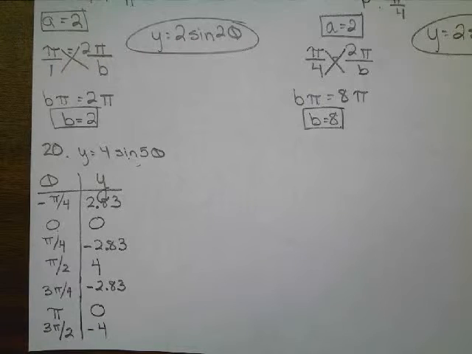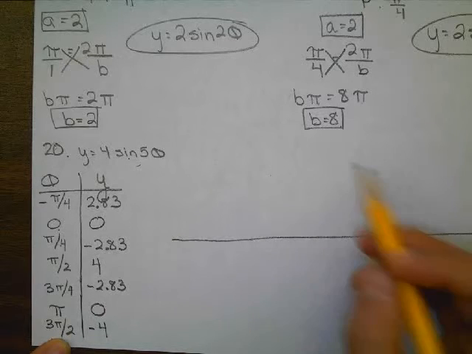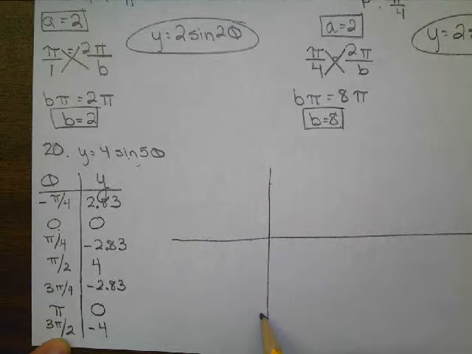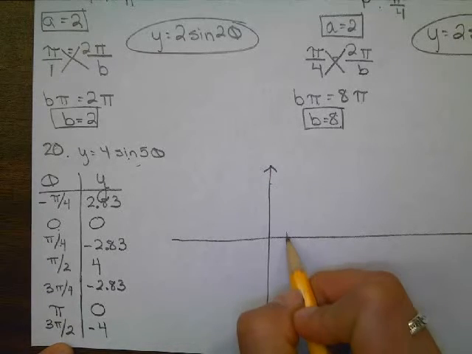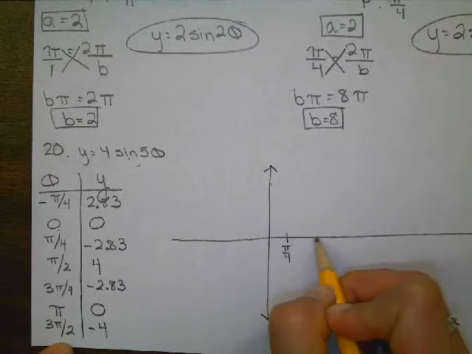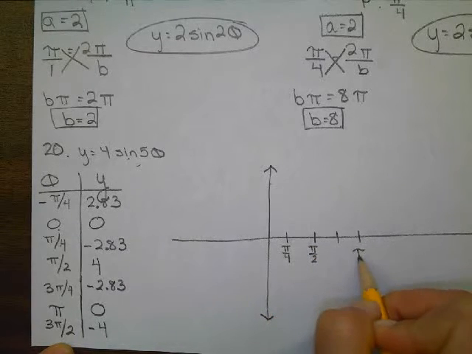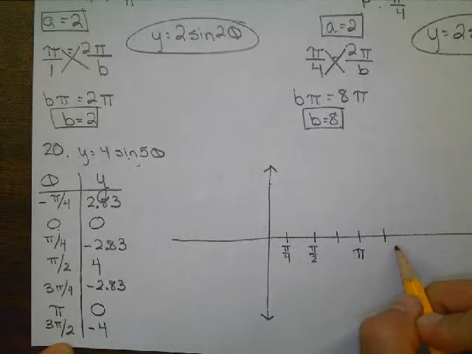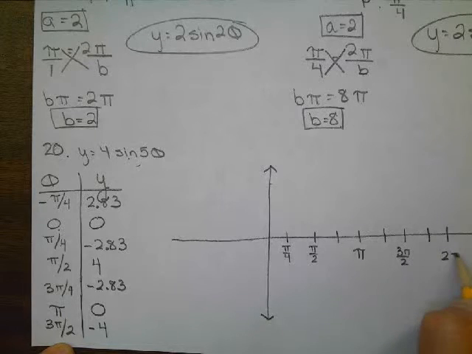So now that I have a good idea of what my points are, I can get a graph. So, I draw my graph here. Again, I usually like to go in increments of pi over 4. So there's pi over 4, which means this is pi over 2, that's pi, this is 3 pi over 2, this would be 2 pi.